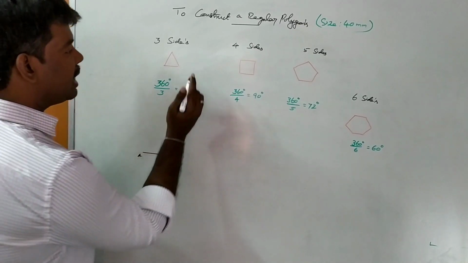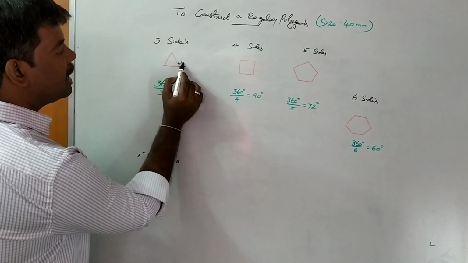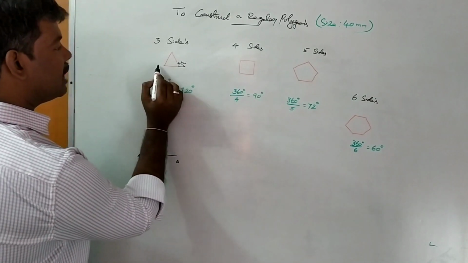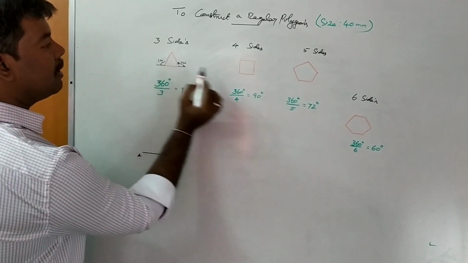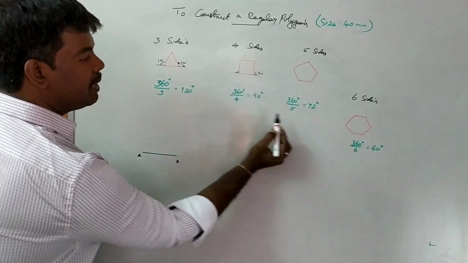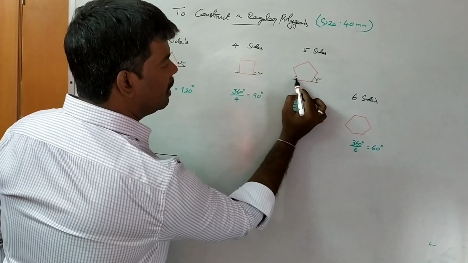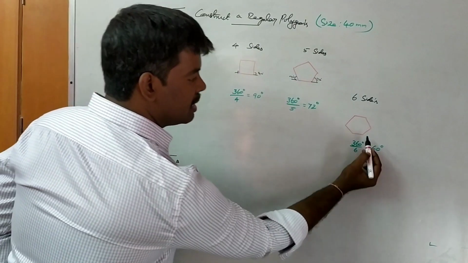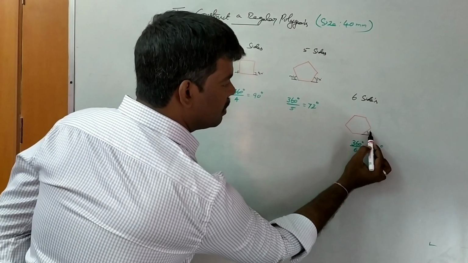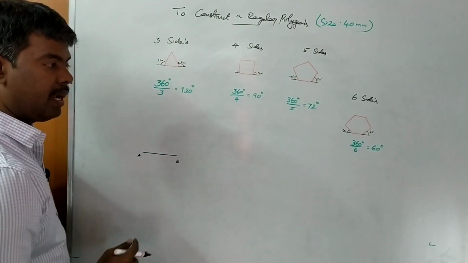So it is 120 degrees, which is nothing but the exterior angle. So here to here 120, similarly here also 120. If it is 90, here to here 90, a right angle. If it is 72, this one is 72 degrees. If it is 60, this one is 60. So these are the outside exterior angles.